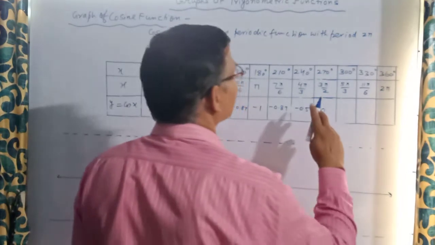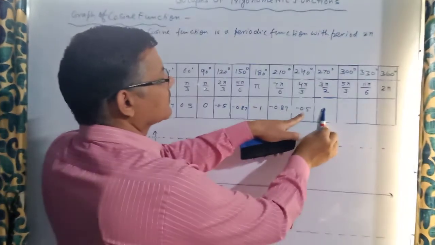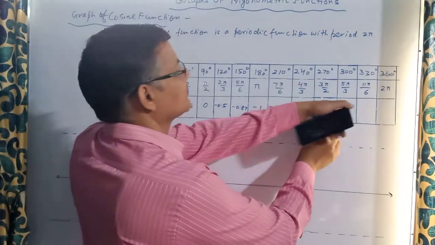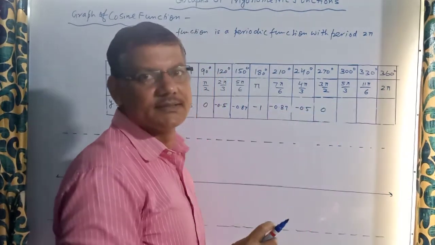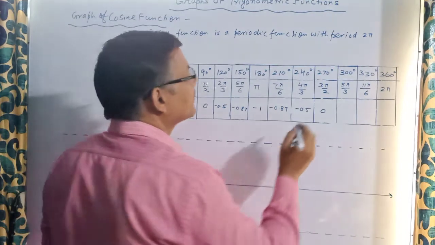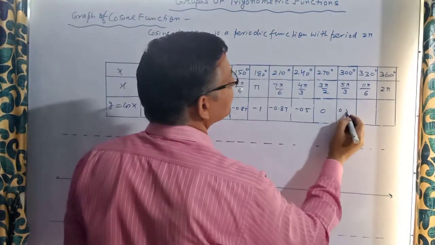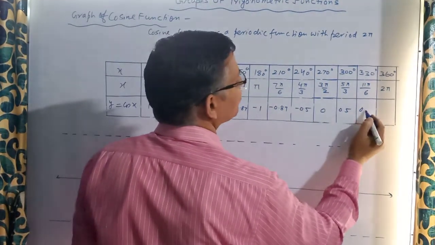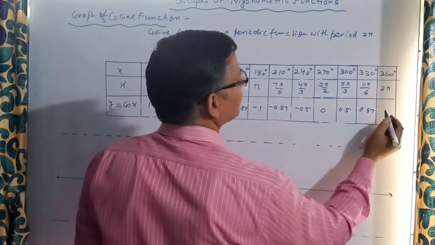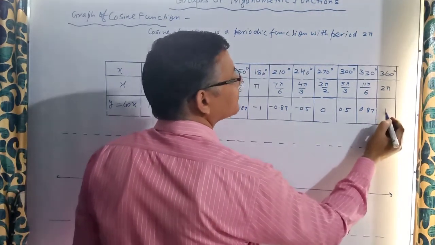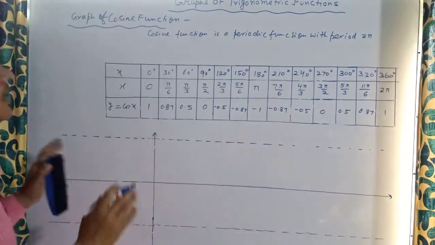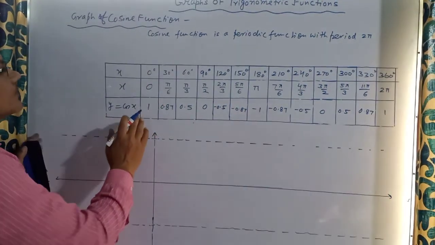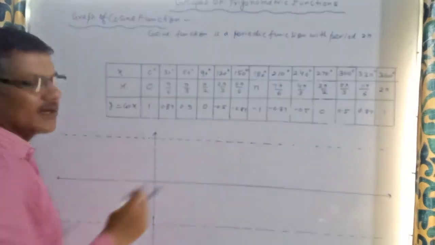So after 3 pi by 2, we take the numbers. See, this comes here, here, and here, but their sign changes, since in the fourth quadrant cosine is positive. So here comes 0.5, here comes 0.87, and here at 2 pi it is 1. No problem. This is about the table, and if you don't wish to use this rule, then calculate and write.